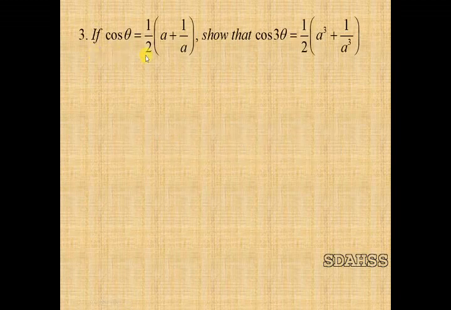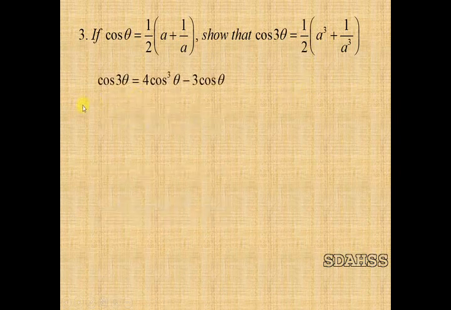If cos theta is equal to 1 by 2 into a plus 1 by a, show that cos 3 theta is equal to 1 by 2 into a cube plus 1 by a cube. We know that cos 3 theta is equal to 4 cos cube theta minus 3 cos theta. Substitute the values.